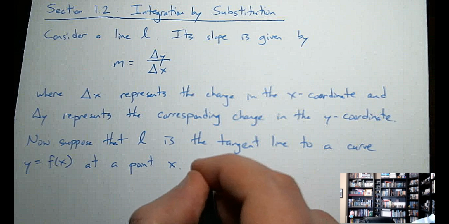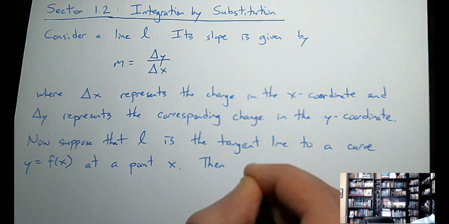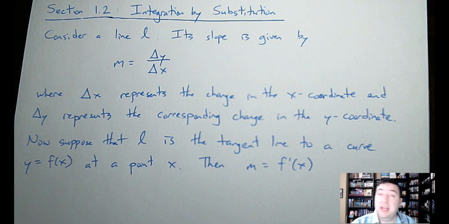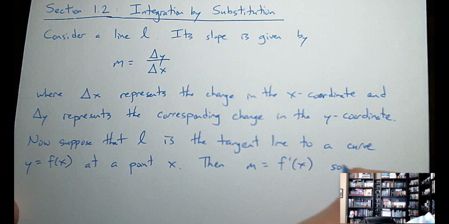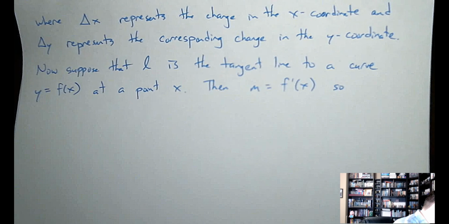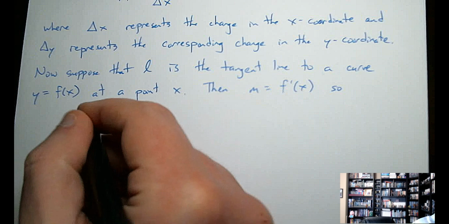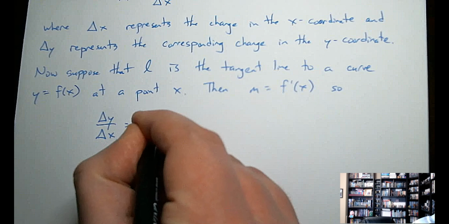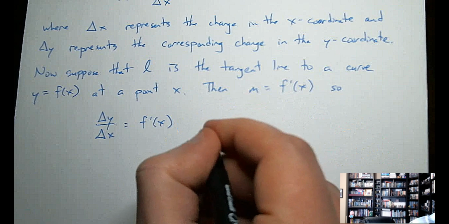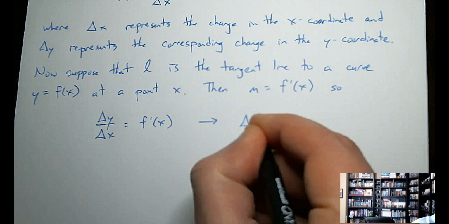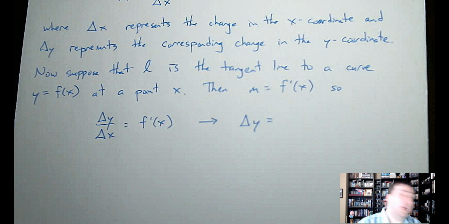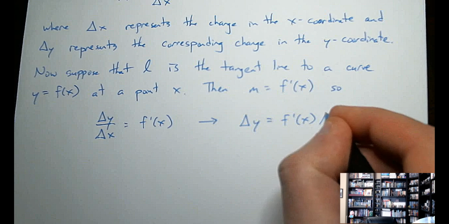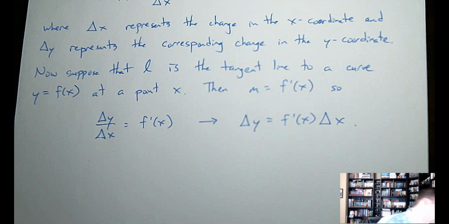Then we know that the slope at that point is given by f prime of x. So that means that delta y over delta x is equal to f prime of x. And I could take that then, and I could rearrange it. And that would tell me that the change in y is going to be given by the value of the derivative at that point multiplied by that corresponding change in x.